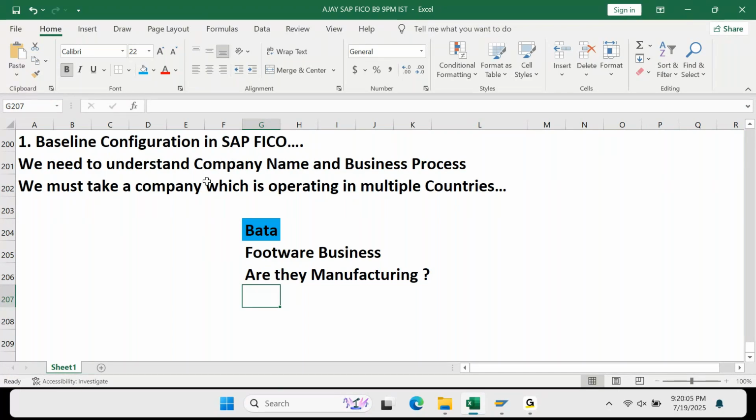Nobody is donating raw material to Bata, right? Now, when Bata is purchasing, to do purchasing, you need funding or not, money or not? Is it possible to purchase without money? No, it is not possible to purchase without money.